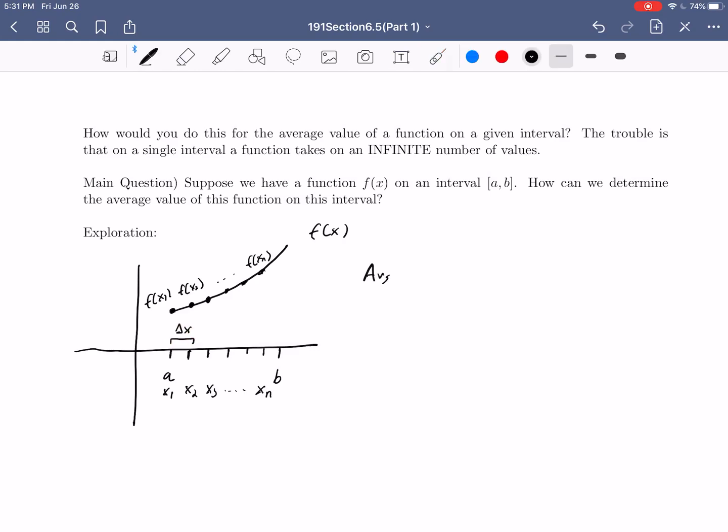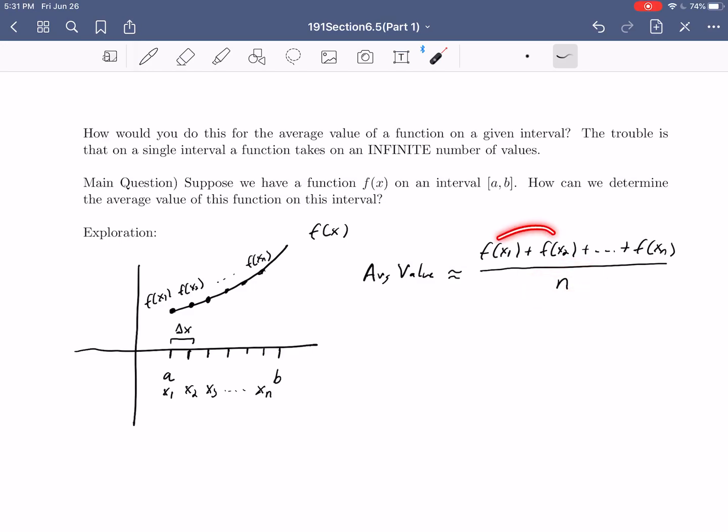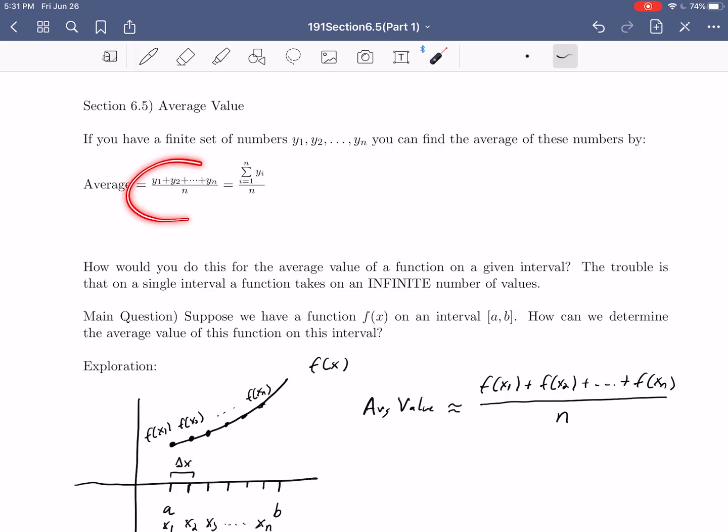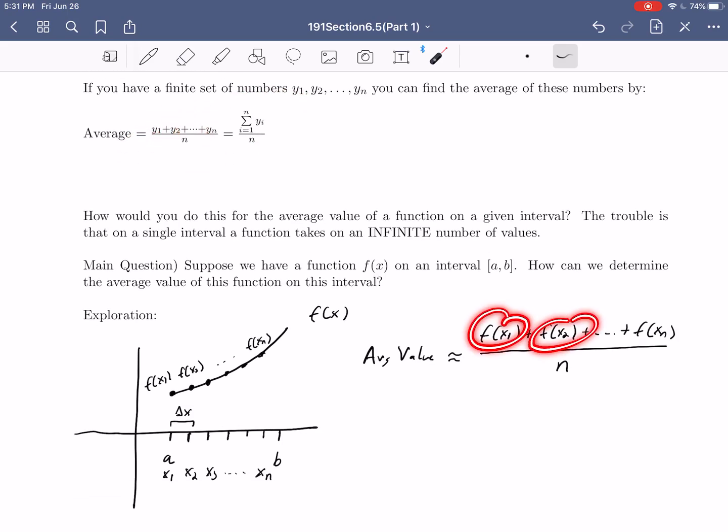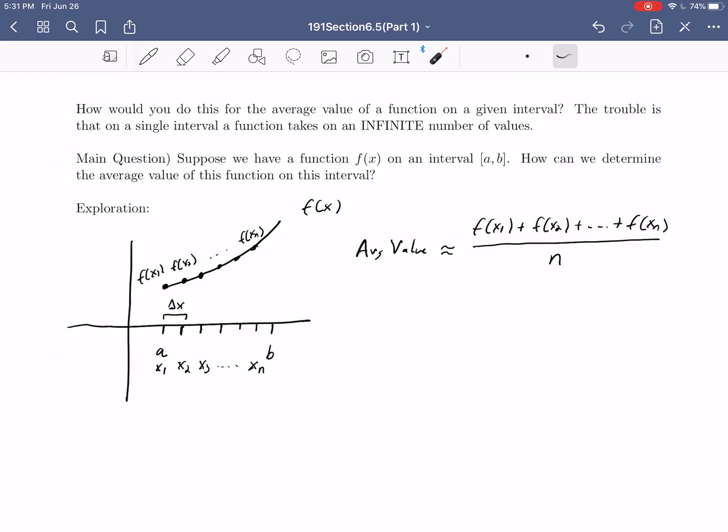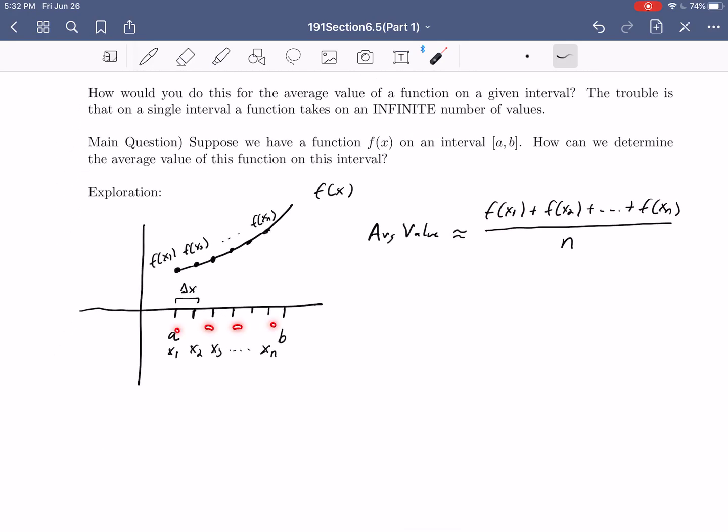So we could say that the average value is approximately f of x1 plus f of x2 plus ... plus f of xn over that n, because we're dividing this into n subdivisions. Okay, so this, of course, is just using what we said basically up here, except now instead of saying y1, y2 through yn, we're actually saying we're evaluating our function at n different test locations going along like this.